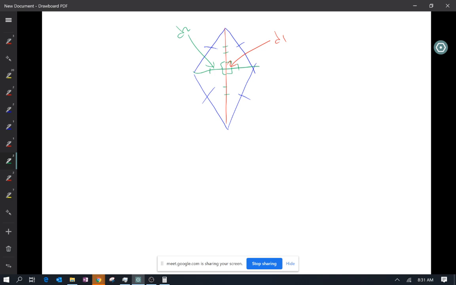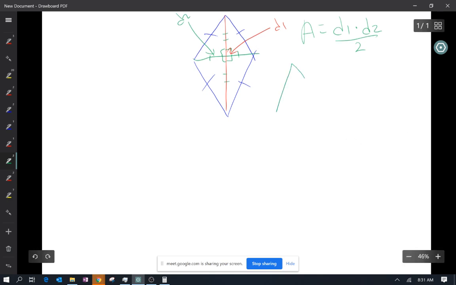If you play with the algebra for a little bit, you end up getting diagonal 1 times diagonal 2 divided by 2 gives you the area. In fact, I don't know if you can see this, but you put the two triangles like this triangle and this triangle, and then you start realizing that it's the same as this triangle, because this piece can go in there and that piece can go in there. And you end up making this triangle.